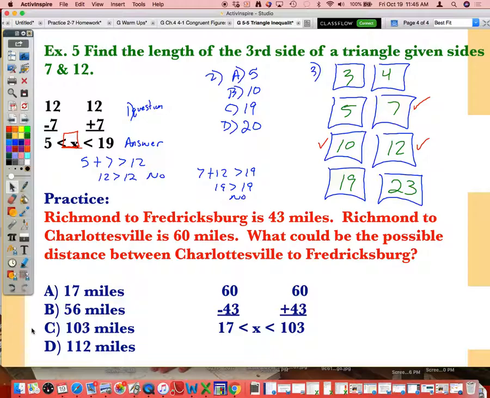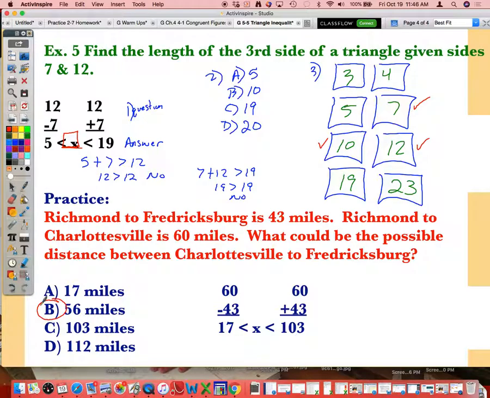Almost 95% of the time on a multiple choice test or an SOL question, you're going to see those same exact 2 numbers all the time. When you subtract them, you're going to see that number. When you add them, you're going to see that number. Okay? So which number falls in there? Ellie said B, 56.